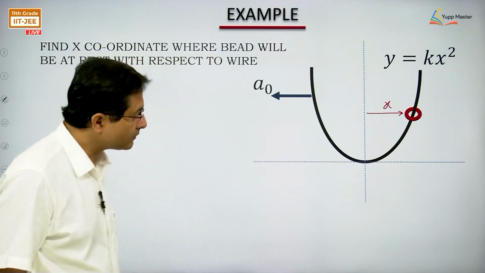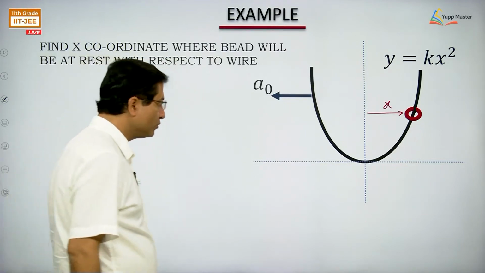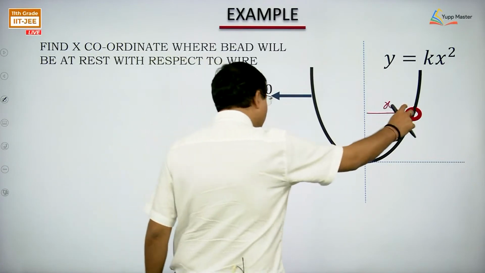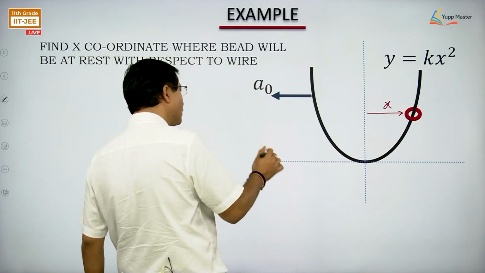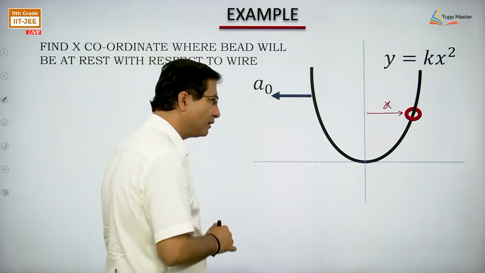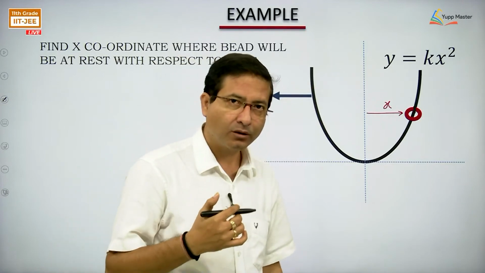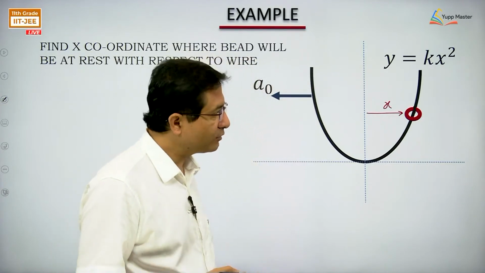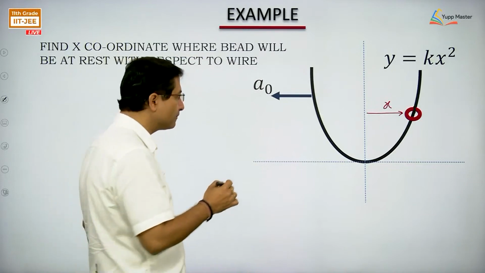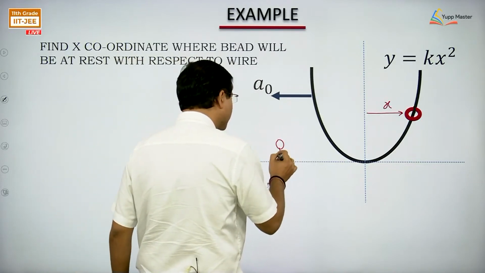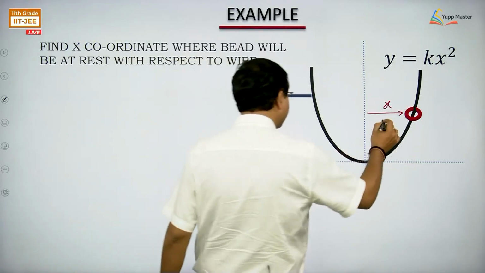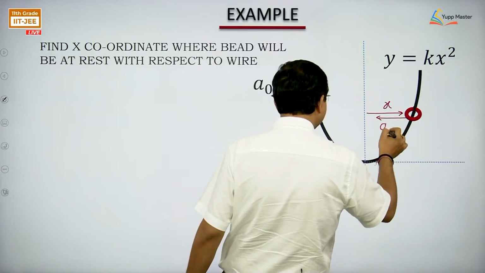So as I already told you, you can observe the motion of the bead with respect to the ground, or you can also observe the motion of the bead with respect to the wire frame. So when you are observing the motion of the bead with respect to the ground frame, then you will observe that the bead is having acceleration in this direction, a0.